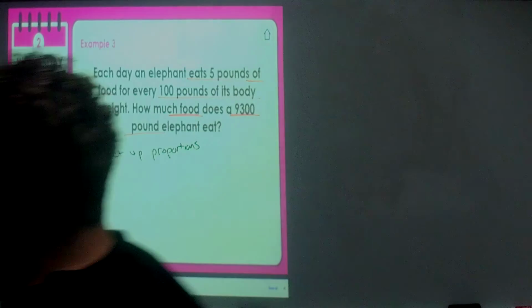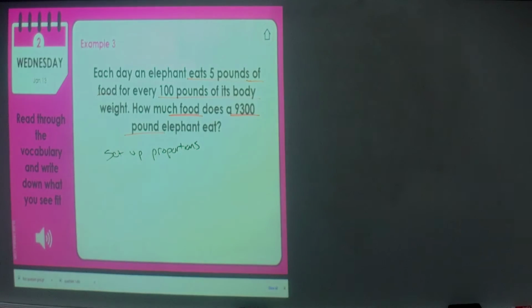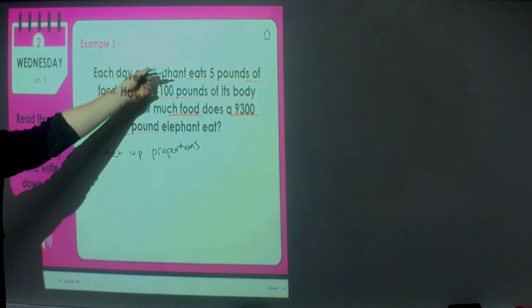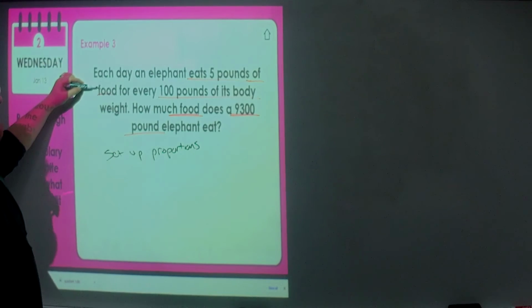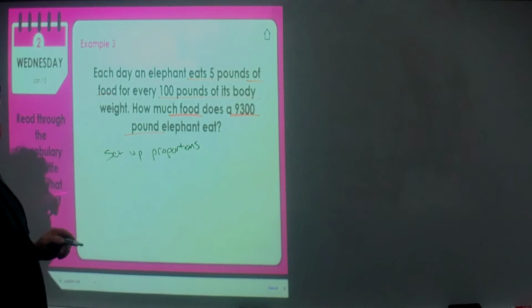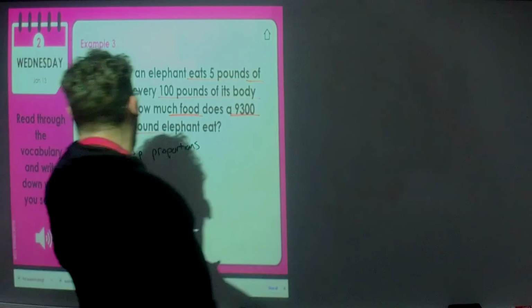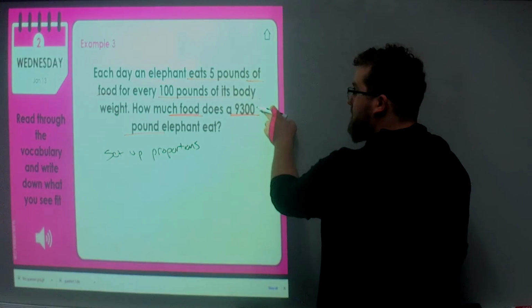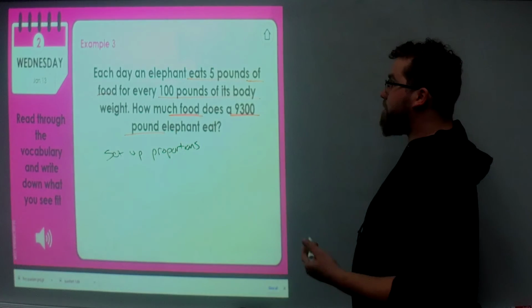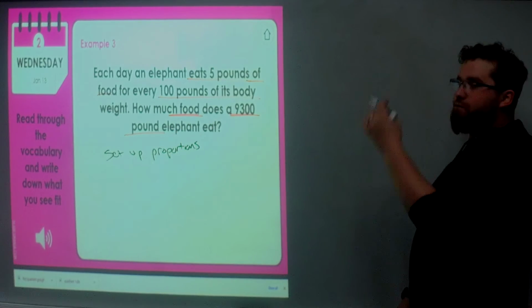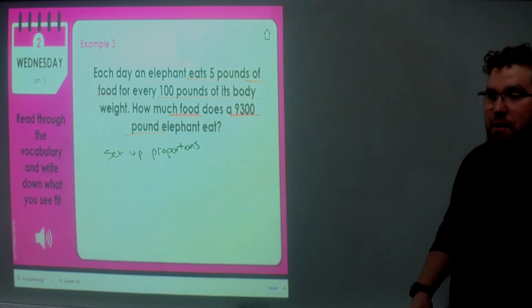In order to do that, we analyze the information that's given to us. Meaning, eats 5 pounds of food. So I'm going to put food on top and then weight on bottom. I'm looking for food. So if it says how much food, that's going to be my x.